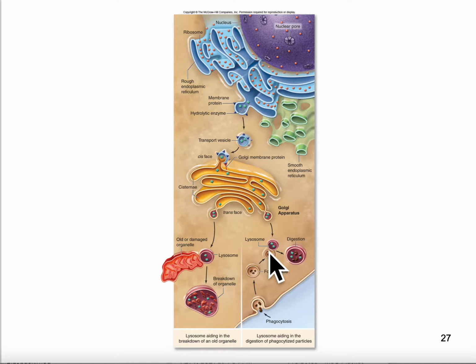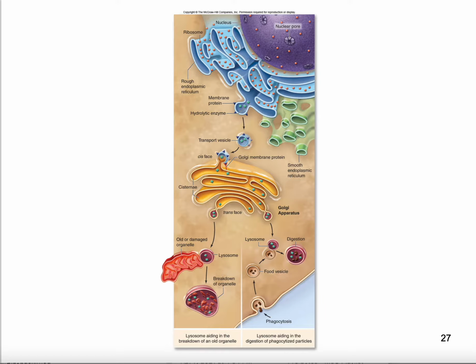And then that vesicle will be fused with a lysosome, where whatever that stuff was will get chomped into its monomers, which are then spewed out and reused by the cell.